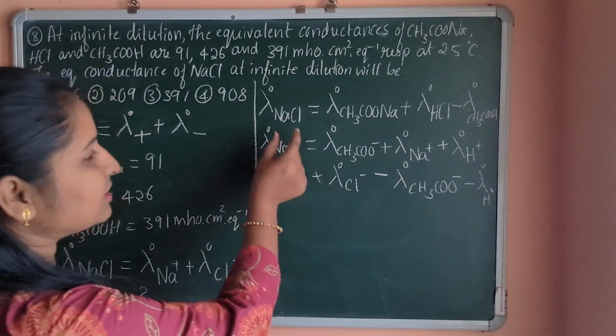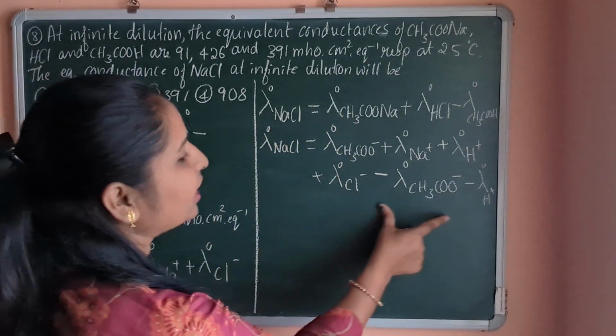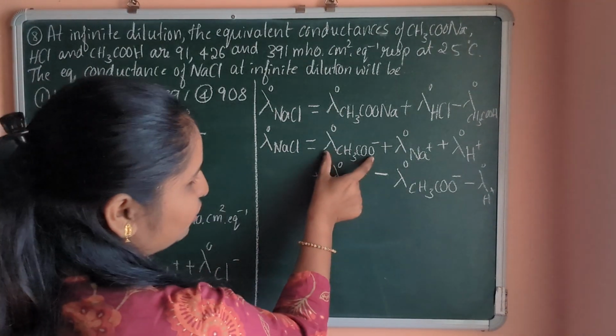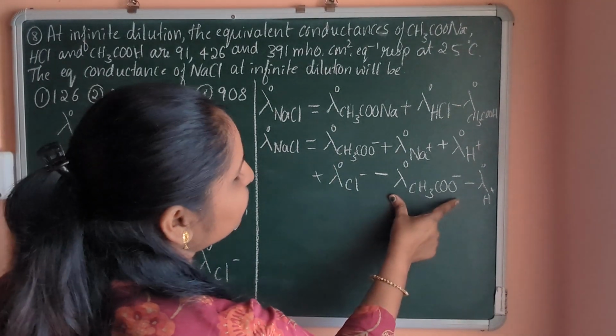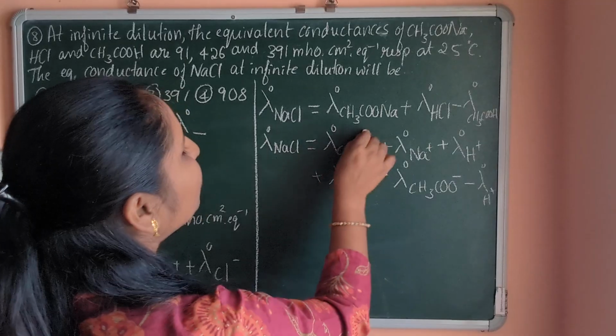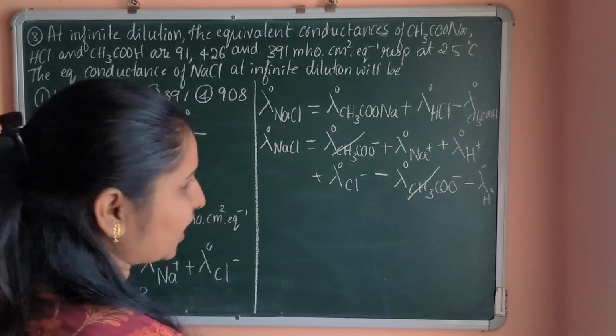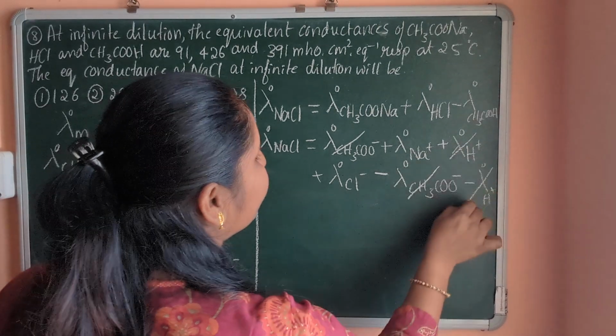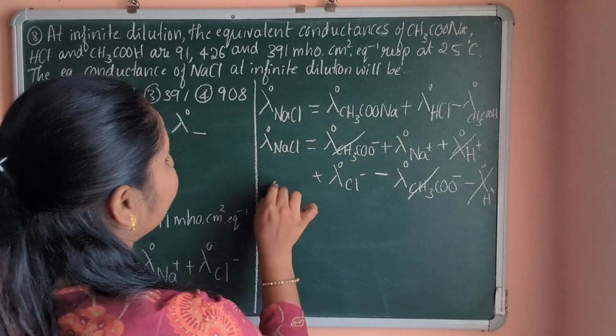So to get NaCl, we have to take it like this. Now CH3COO minus, which is plus here, and CH3COO minus, which is minus here, both get cancelled, and H plus ion and minus H plus ion both get cancelled. So finally what are we going to get?